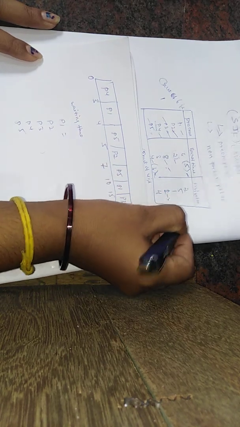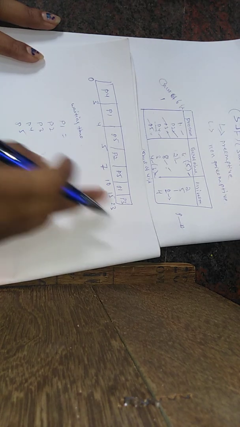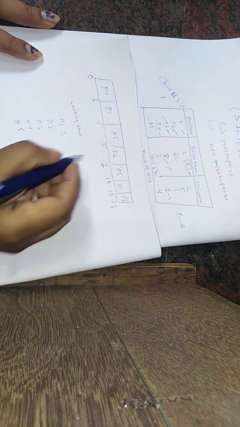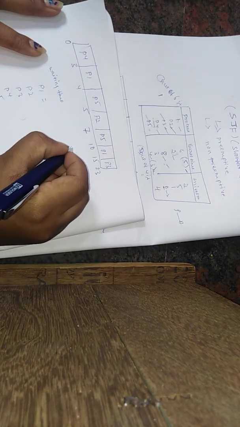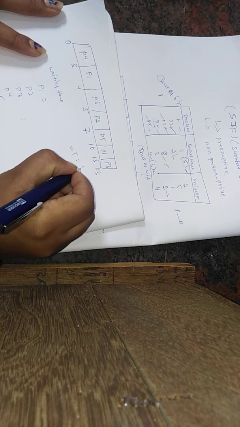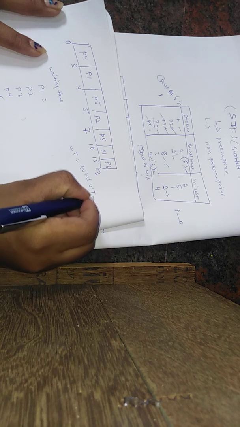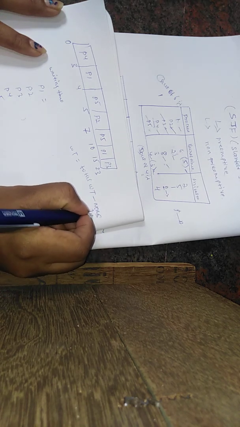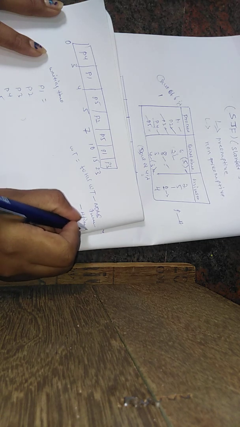Here this one process minus arrival. But in your preemptive algorithm, waiting time is equal to total waiting time minus number of millisecond process minus arrival time.